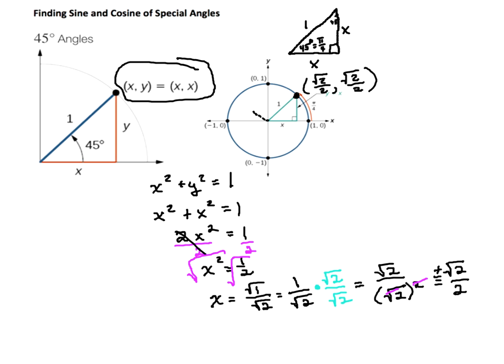Now if I had a 45-degree angle coming off into quadrant 2, I would know that had to have a negative x value. The coordinates of that point would be negative square root 2 over 2 and square root 2 over 2. Is that good? Does that gel with y'all?